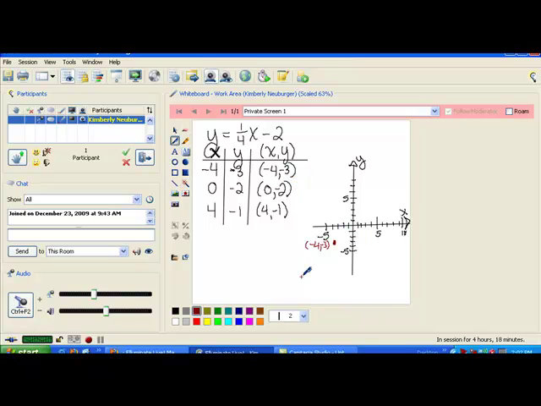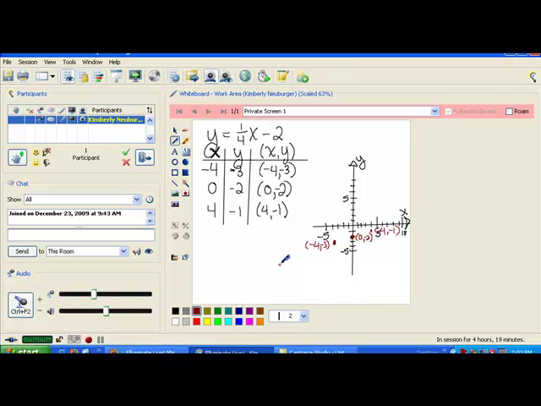So let's plot that and label it. And then the third point I found was 4, negative 1. And 4, negative 1 lands right there. So let's plot that and label it.